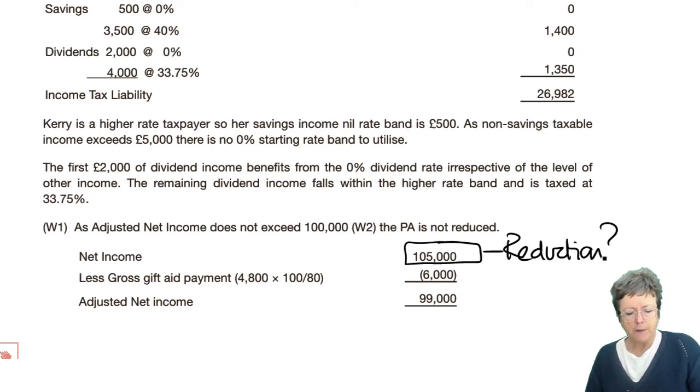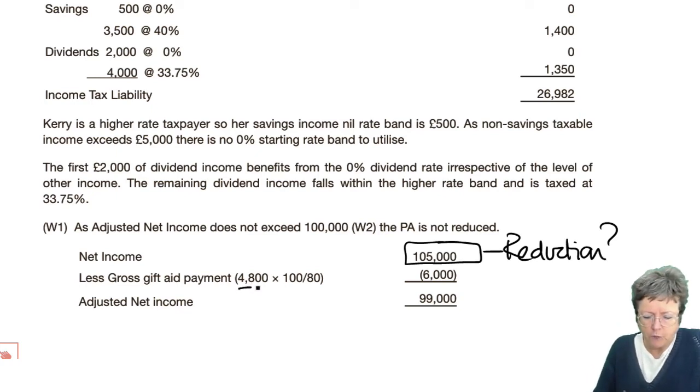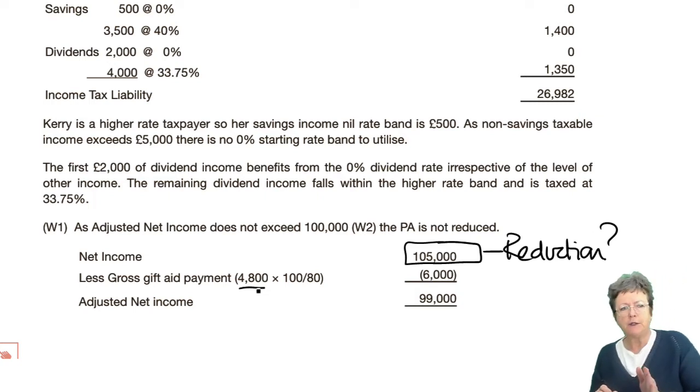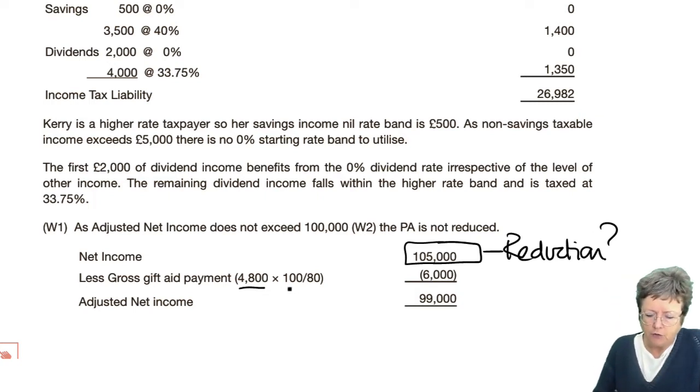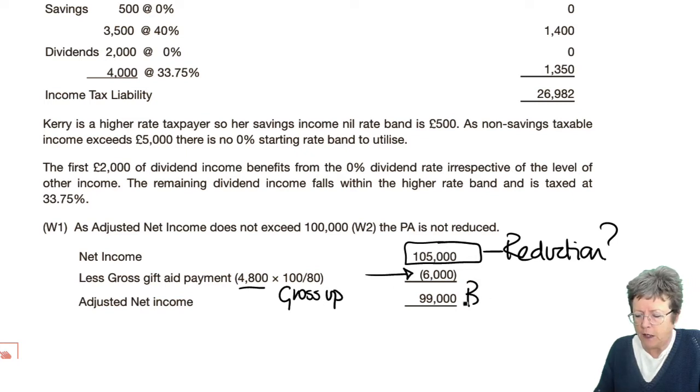But they made a gift aid payment. That's what they paid, and read the question carefully. It says that's what they paid. Gross it up and deduct it from here, which puts them below £100,000. This is quite common in an exam to see whether or not you're paying attention.